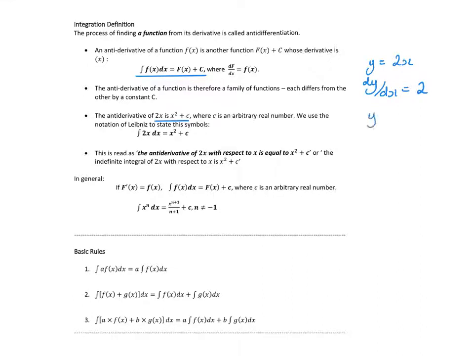If I had y equal to 2x plus 7, the derivative of that would also be 2. So we need to put that plus c on the end just in case there is a constant there originally that we have to put back in again.